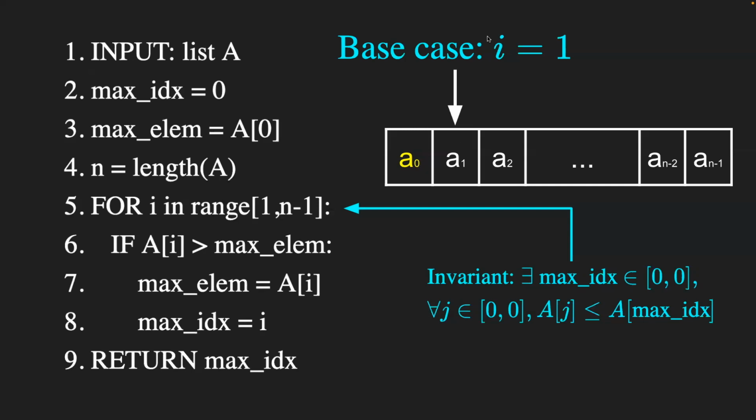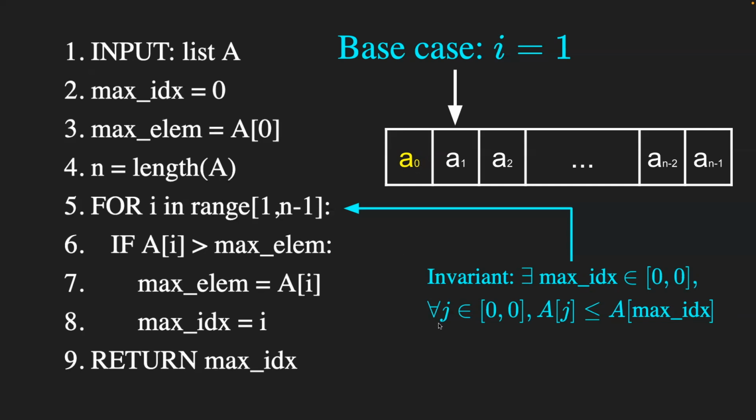So for our base case of i equals 1, you'll see I plugged in i equals 1. Remember, this goes to i minus 1, so from the range 0 to 0, all j from 0 to 0. Our max index right now is 0 because we haven't gone into our loop yet, and that's all we're looking at.